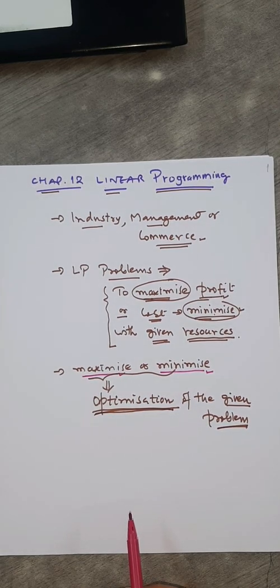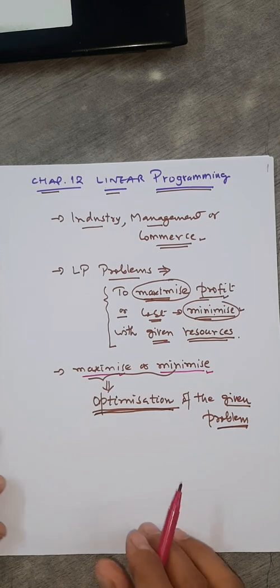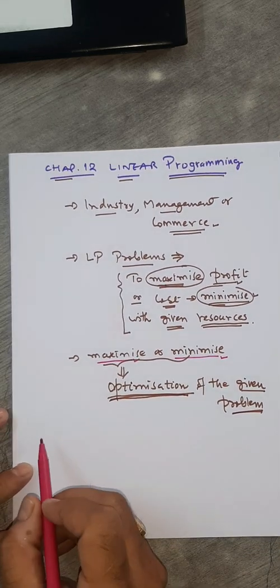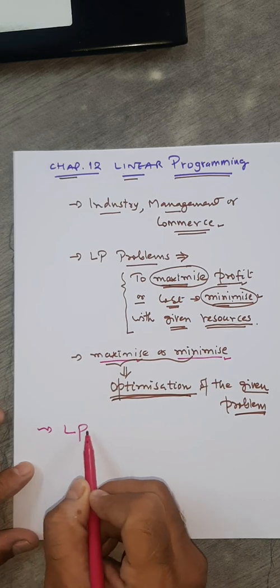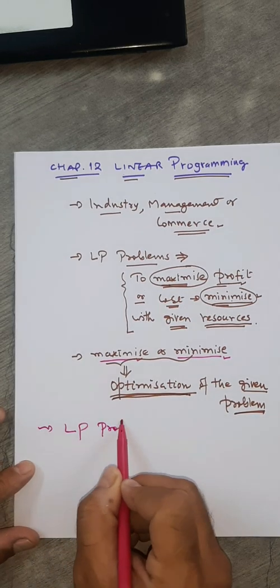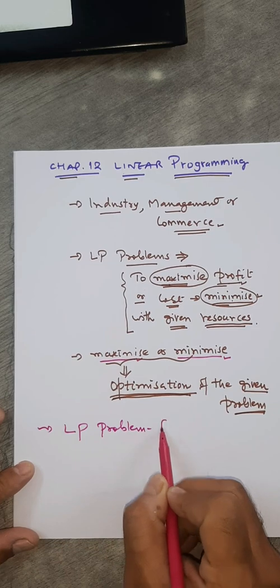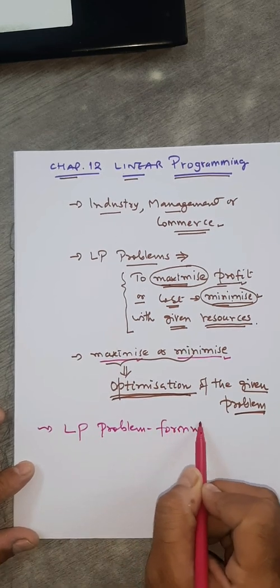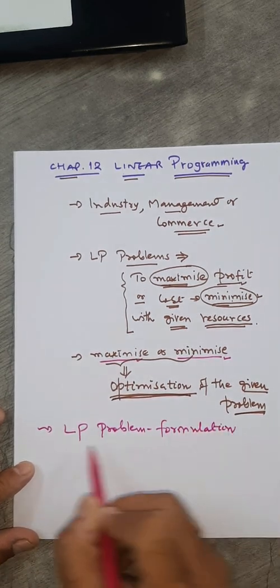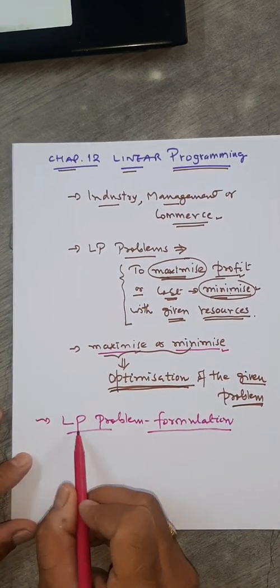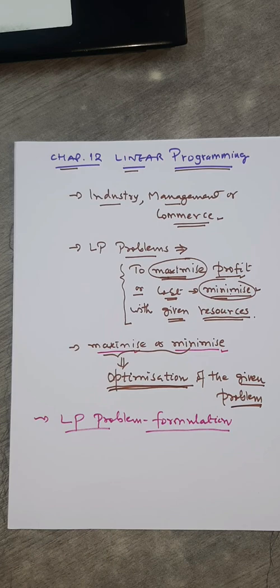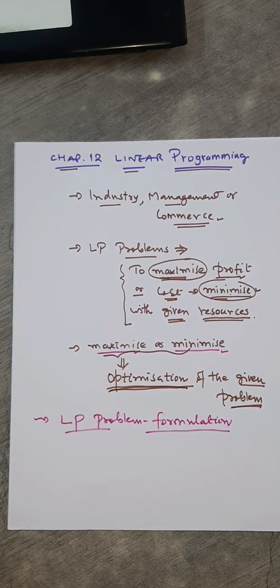Now next, how does the LP problem look? The next point here is LP problem formulation. LP means linear programming problem. We want to write the general format of a linear programming problem.